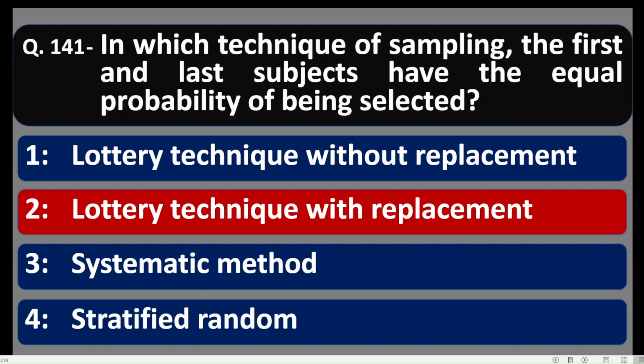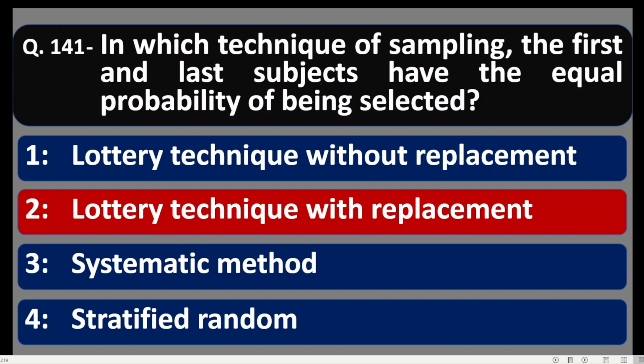One chit is taken out for selection of the first subject. The subject whose name or number is written in that chit is selected for the sample, and the chit is put again in the same box. So the number of chits remains the same in the box after selection of the first subject.